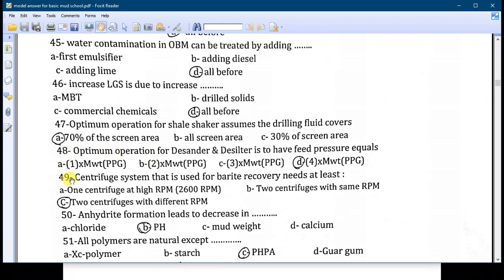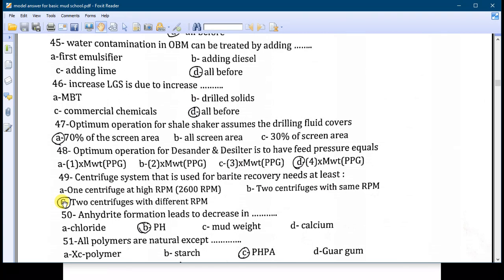Number 49, a centrifuge system that is used for barite recovery needs at least 2 centrifuges with different RPM. As I told you, one of them is to separate the barite at 1600 RPM.